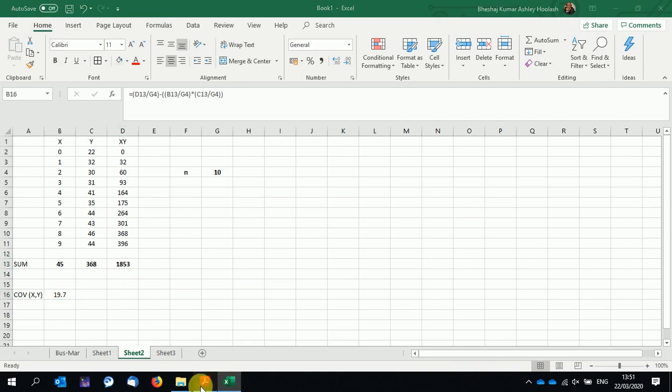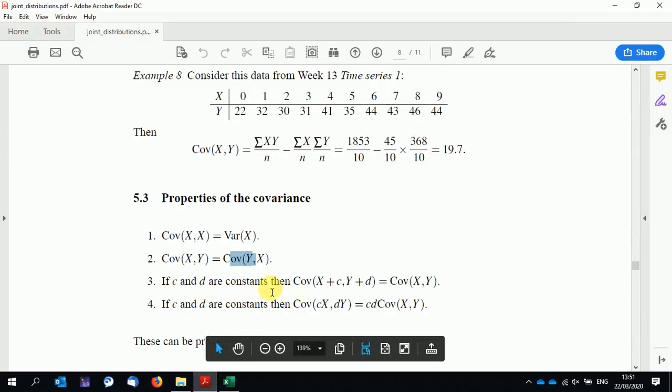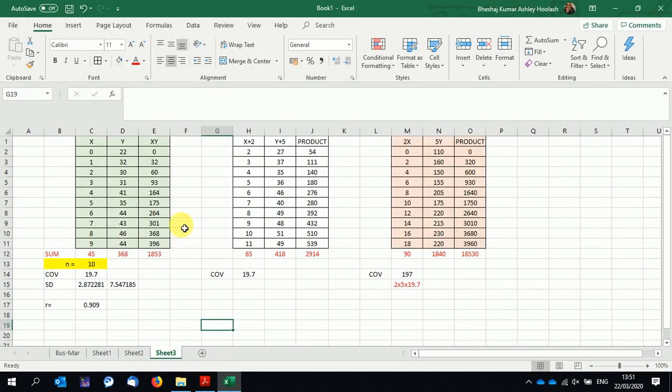What if I increment x by a certain amount and y by some other amount? Let's see here. I want you to focus on this one. What if I increase x by 2 and y by 5? These are the new set, so this is x, that's y.